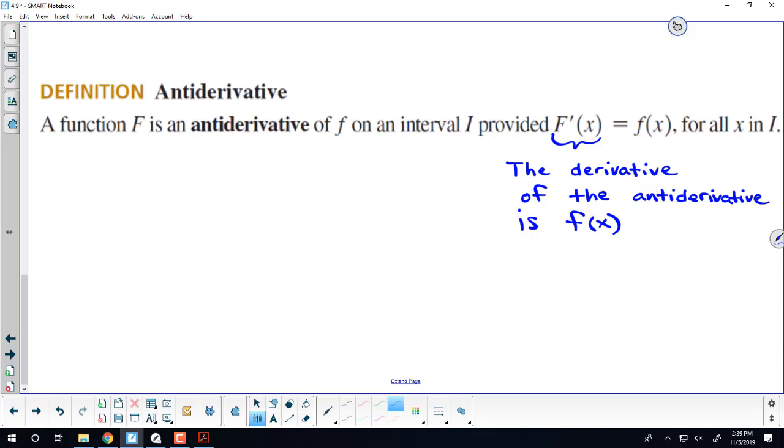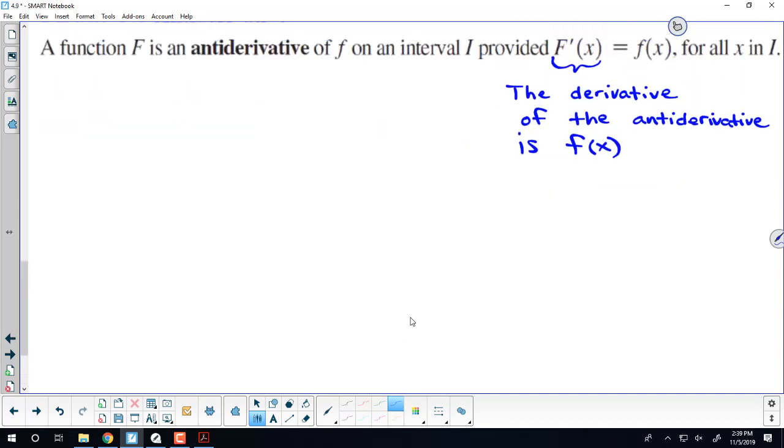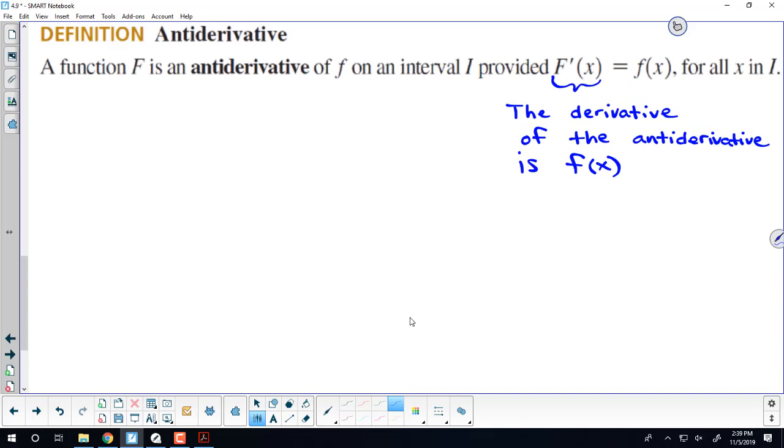It's f of x. So we'll talk about this in a little bit, but it's saying that they're inverse operations of one another. If I take the derivative of a function and then the antiderivative, then I'm back at that function. Or if I take the antiderivative and then the derivative, I'm back at the function I started with.